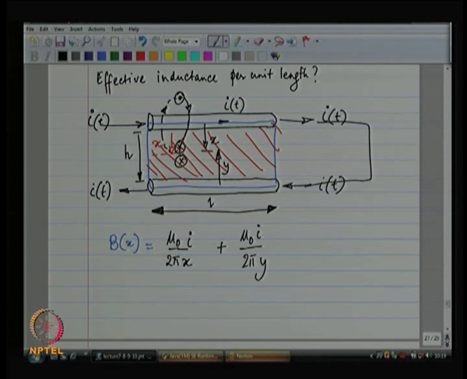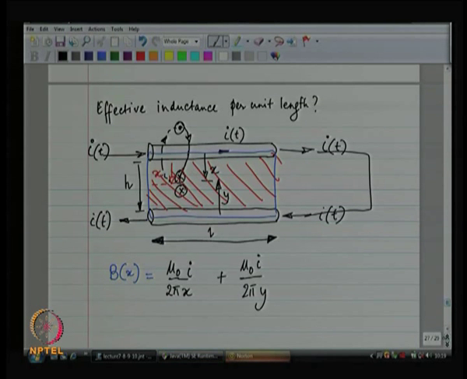So, the gap between the bottom and the top wire is h meters. Okay. So, the flux is going to be the magnetic field integrated over the entire area.